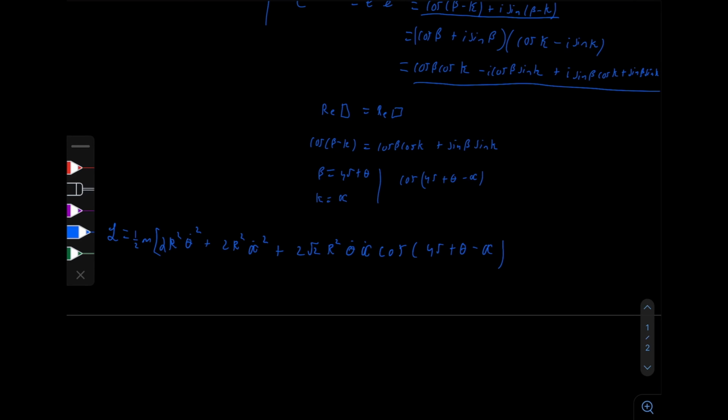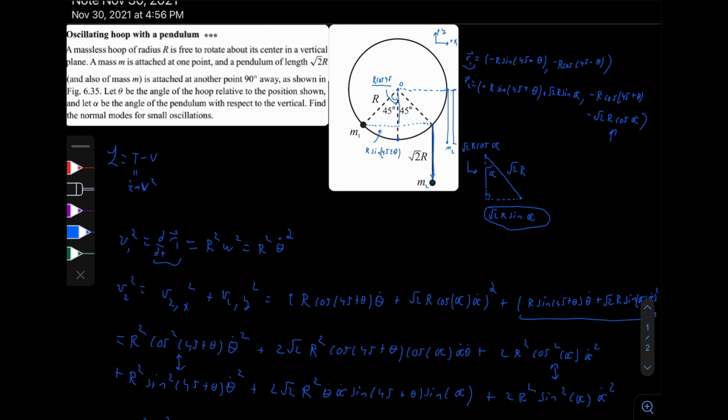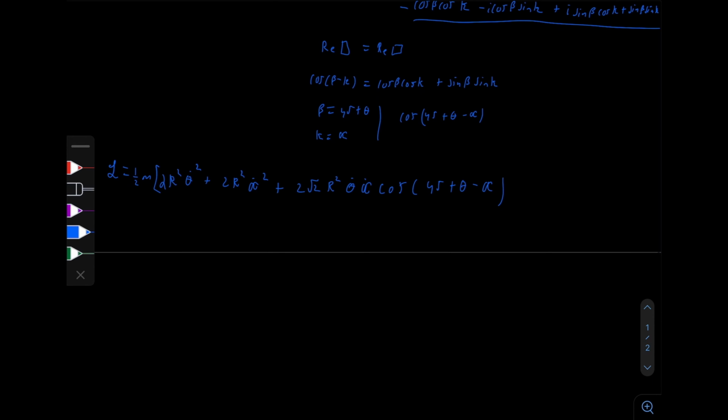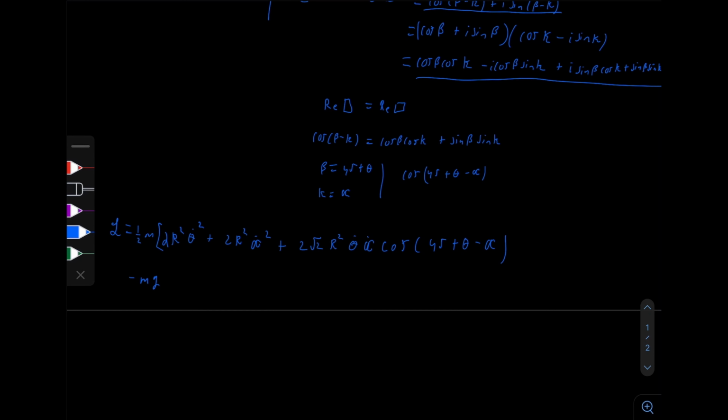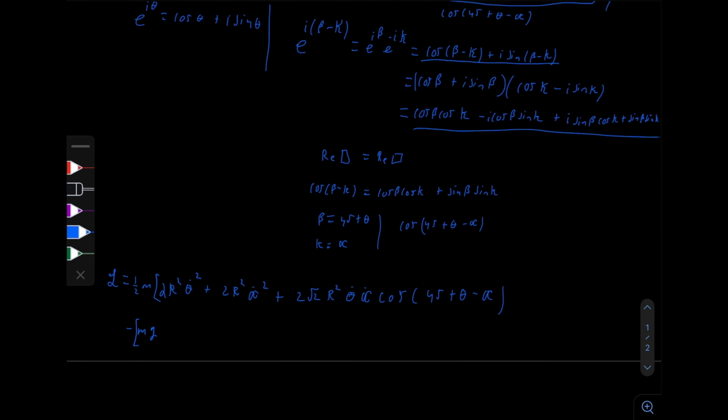So now what's the potential? It's all gravitational, right? And we're going to have the gravitational potential onto mass 1 and then onto mass 2. So let's write it down here. So we have minus mg, let's start with mass 1.